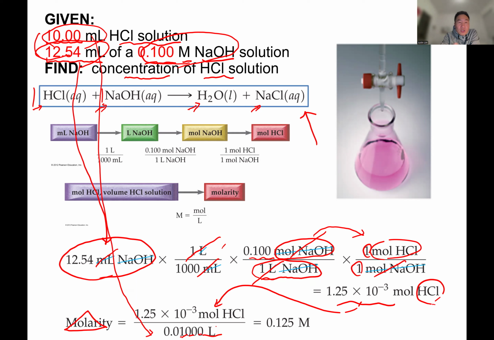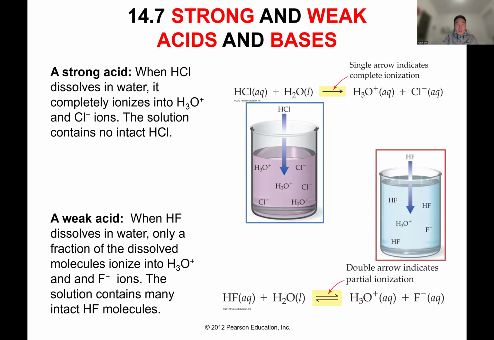For significant figures, there are 4 significant figures. Okay. And then finally, you can get the molarity of HCl, 0.125 molarity of HCl. It's very important, okay? You might see similar calculation questions in quizzes and exams, okay?